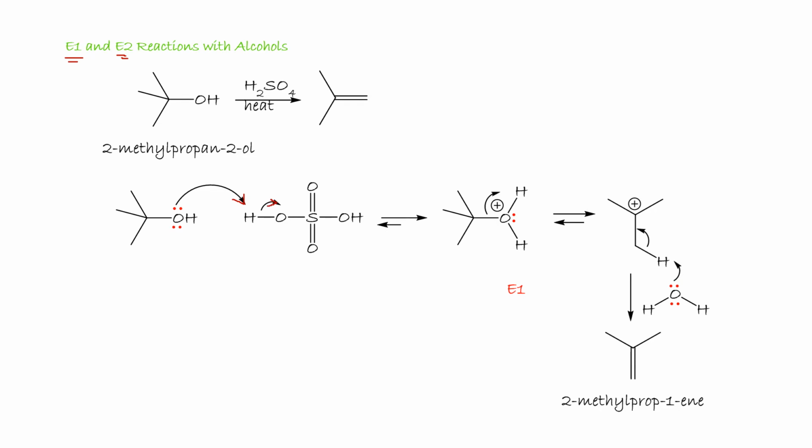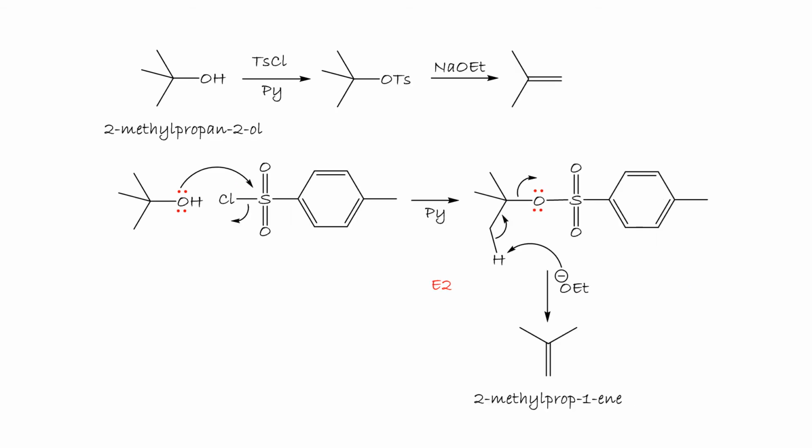Second step, in this case, because of the tertiary carbon, the leaving group leaves to form a tertiary carbocation. Here water acts as a base, abstracting H, leaving these two electrons to form a double bond. Okay, that's 2-methylprop-1-ene.